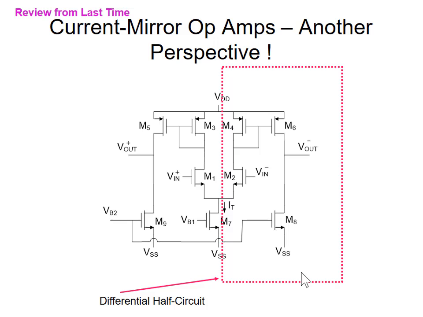If the product of this mirror gain and this mirror gain is the same as this mirror gain, then the signals coming from the top and the bottom will be the same, but they'll be 180 degrees out of phase. So that will double the signal-dependent current that's driven to the output node. Okay, so it's a fairly clever structure that they have for going to a single-ended output on this.